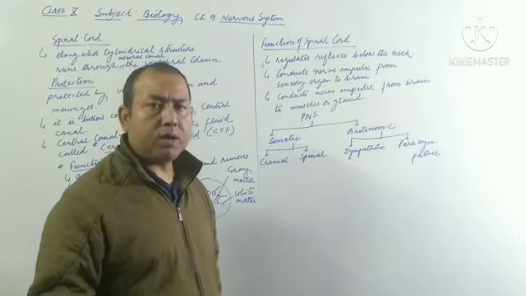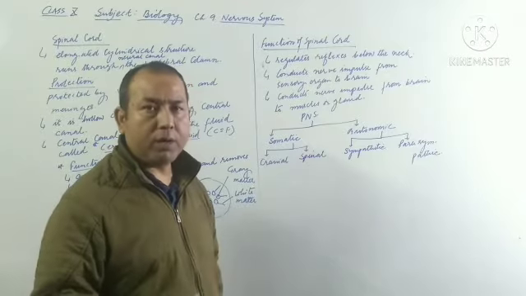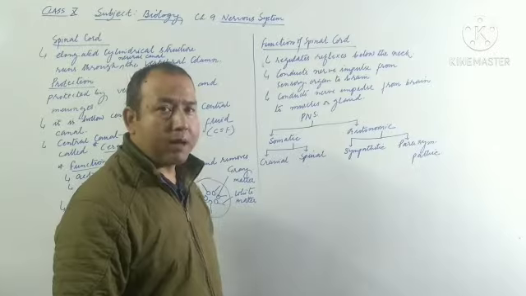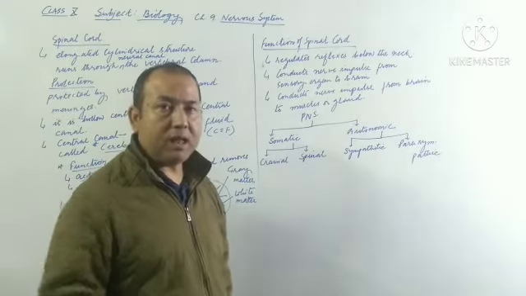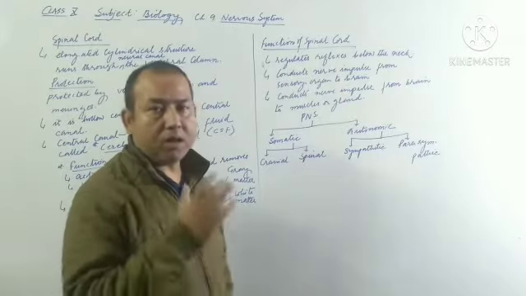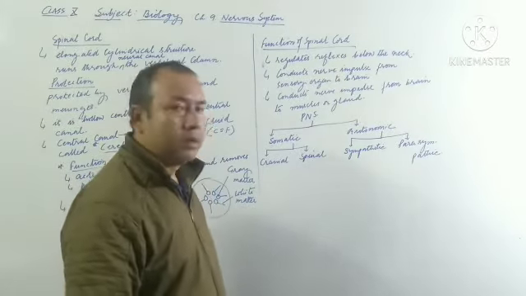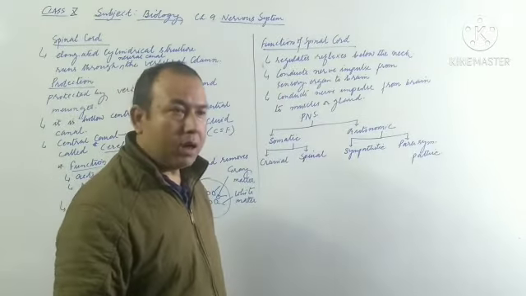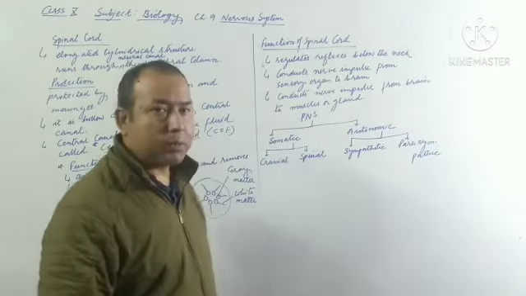Simply to understand, the involuntary actions which usually occur below the brain are all regulated by the spinal cord. The spinal cord is also responsible for carrying the impulse from the sensory organ like skin to the brain, or carrying messages or nerve impulses from the brain to the muscles or glands. So these are the functions of spinal cord.